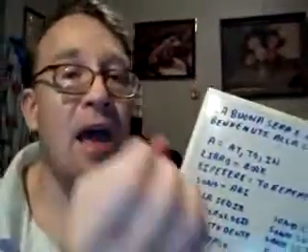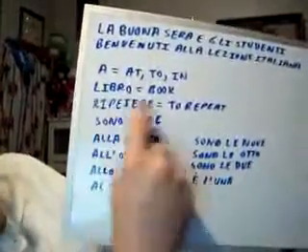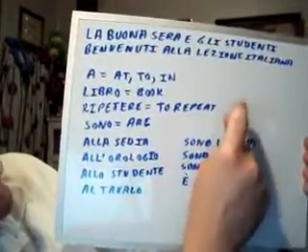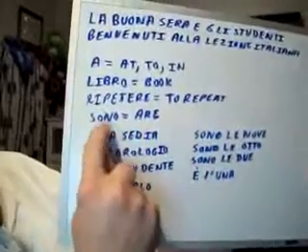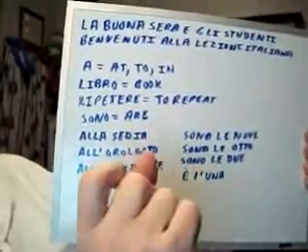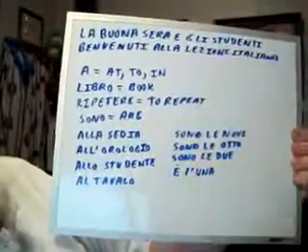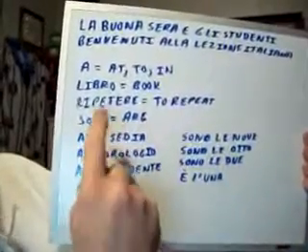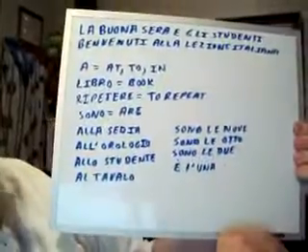It has its A, it has its E, and it has its I. Ripetere means to repeat. And this is the plural form of the Italian verb a. Remember how we had essere, which was is, and we had a, which was also is. This is are. Sono means are. Okay?